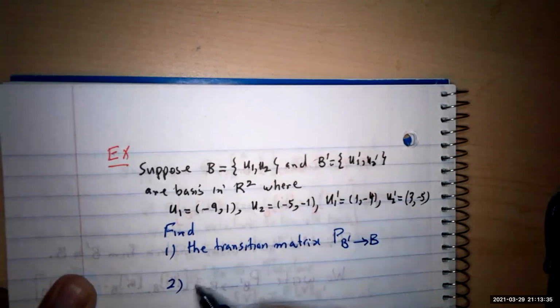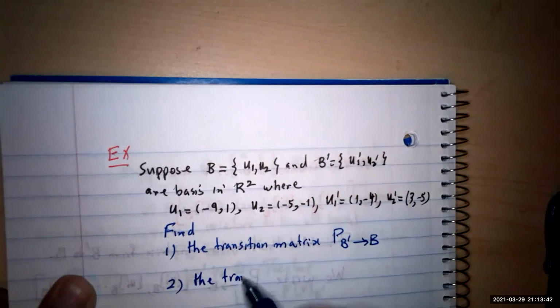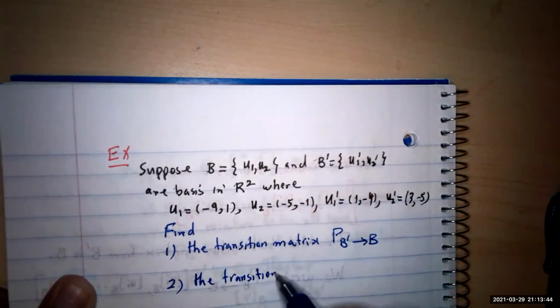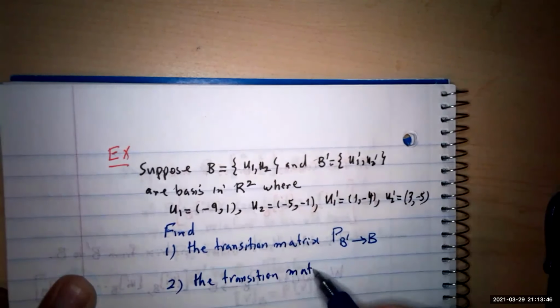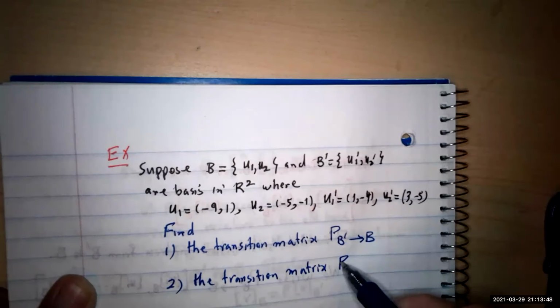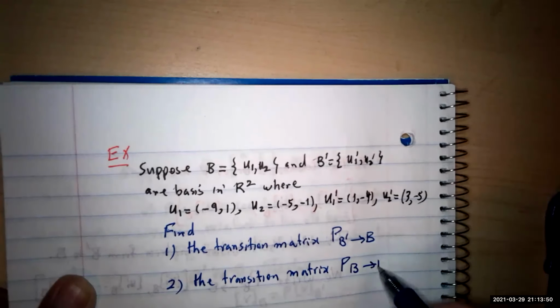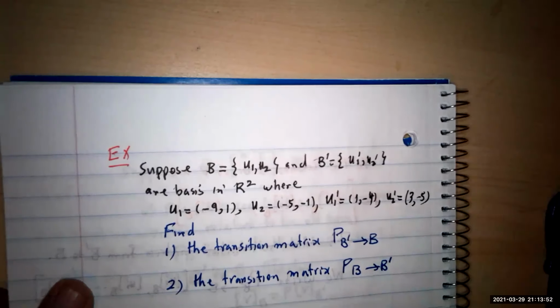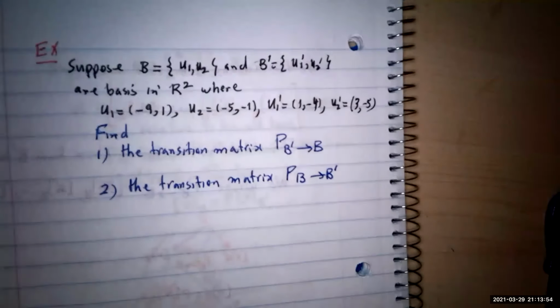And the second one, they ask for the transition matrix P from B to B prime. Okay, this is what we are interested in.